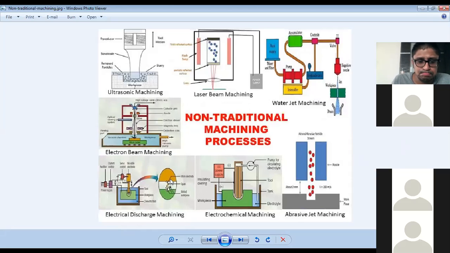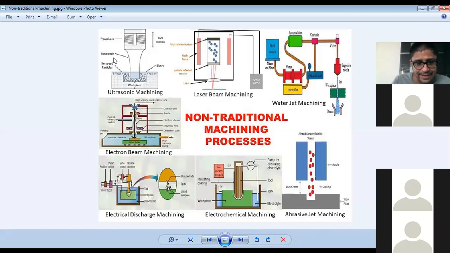Now, the technology has advanced, right? So the new era of machining has already arrived, and you will see a lot of opportunities in future in micro and nano manufacturing. There, dimensional accuracy and tolerance play a huge role. You may have tolerance in nanometers, and that is only possible by non-traditional processes.